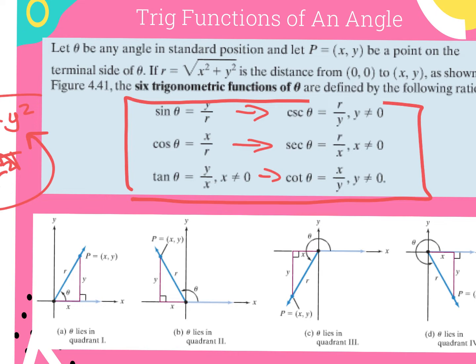The reciprocal of cosine is secant, so r over x, and tangent's reciprocal is cotangent, so flip the x and the y. So find a way to memorize these 6 trig functions, because we're going to give you an ordered pair, and you're just going to plug in the ordered pair for x, y, and r. You'll have to calculate r using that equation, r equals the square root of x squared plus y squared.